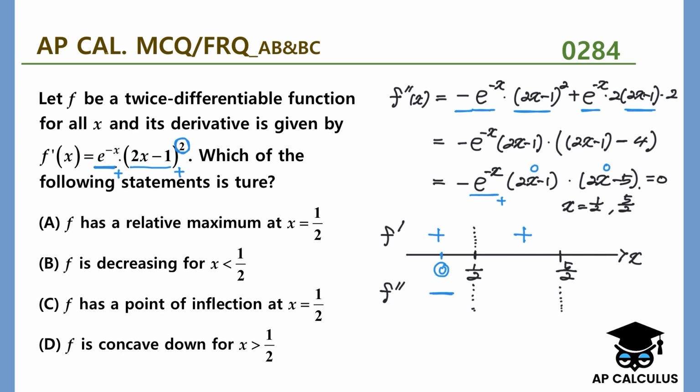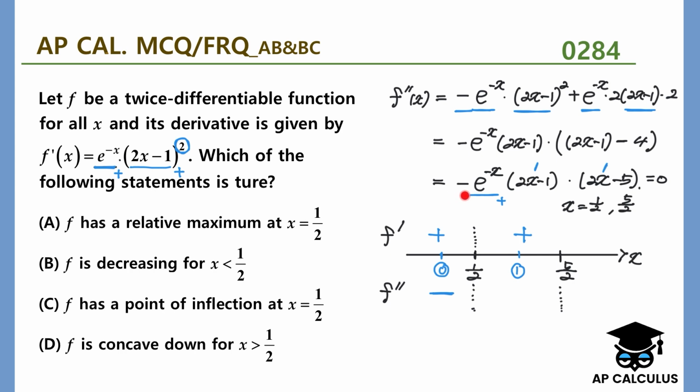So far so good. Now substitute any value between 1/2 and 5/2. Let's substitute 1 here. If x is 1, then 2 minus 1, that's positive, and 2 minus 5, that's negative.